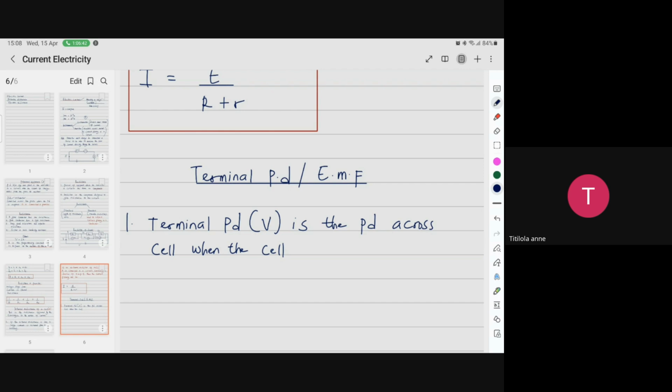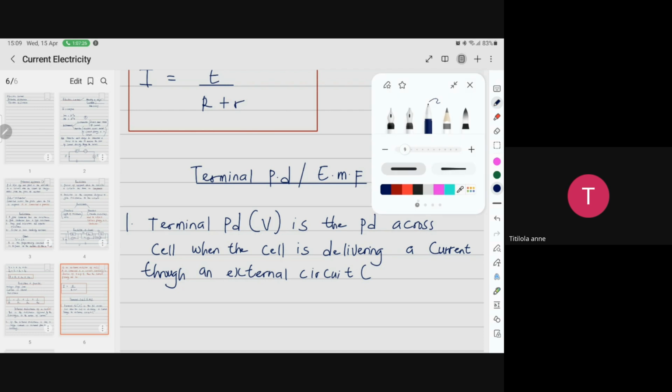So the terminal PD V is the PD across the cell when the cell is delivering a current through an external circuit. So in this case, the circuit is closed.